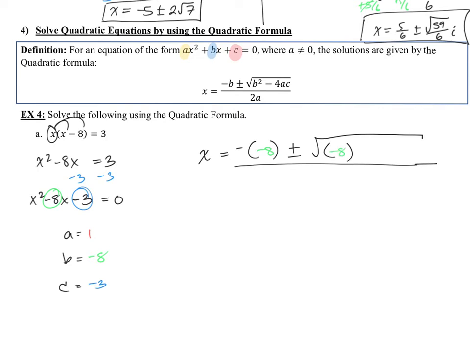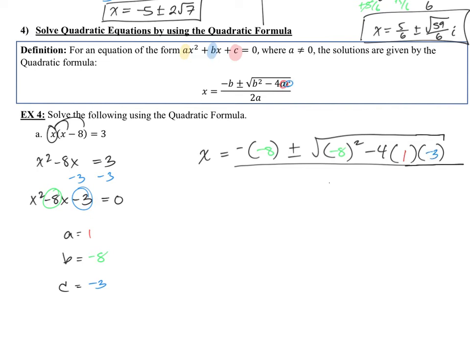Negative 8 squared minus 4 times ac. I need to extend my radical here a little bit. Don't want to have our radical too short. All right, and then our a value is 1. And our c value, sorry, is negative 3.